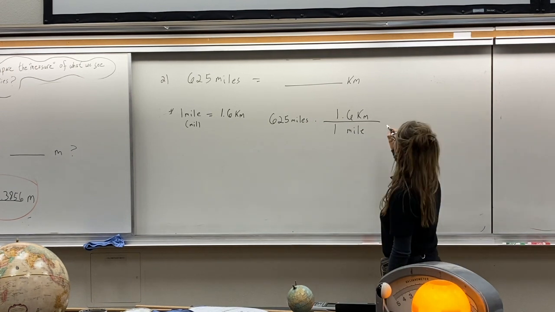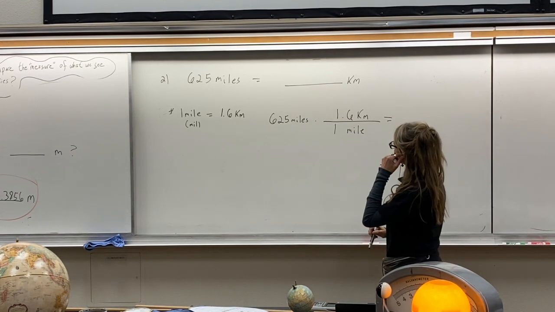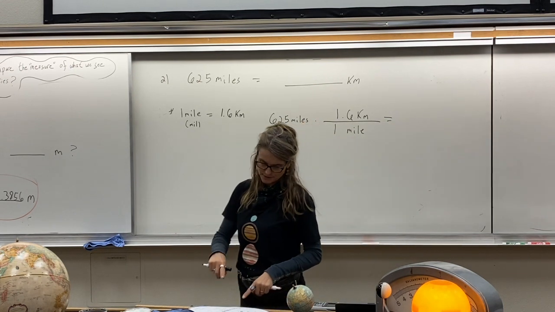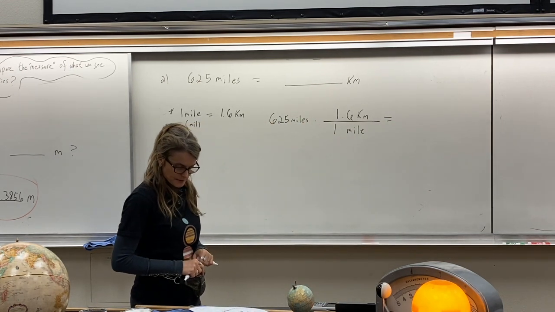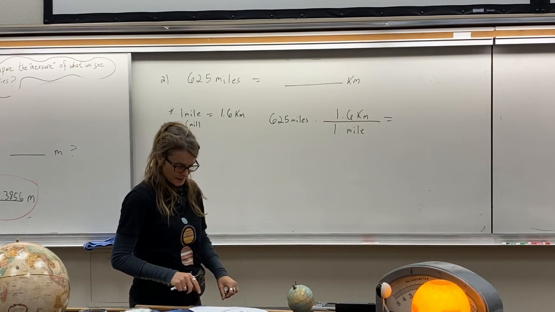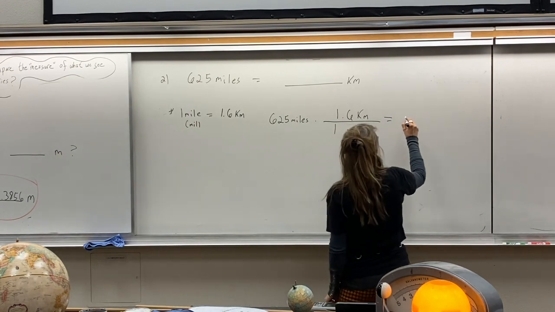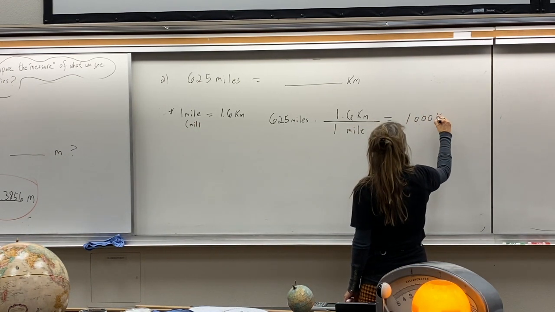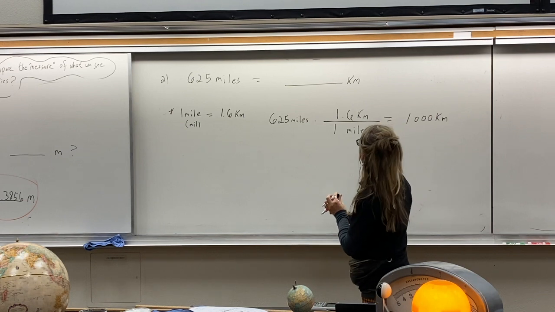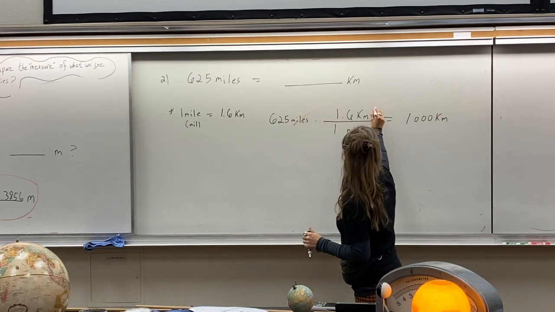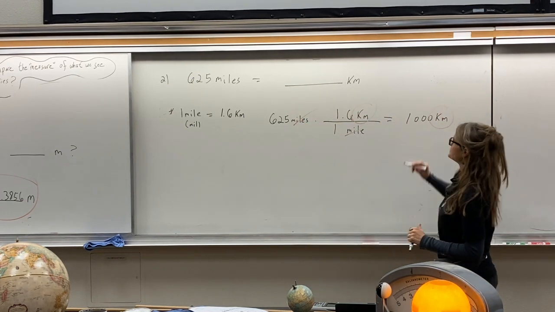That is equivalent to 1.6 times 625. I multiply those numbers out, and I get approximately 1,000 kilometers. These cancel, and this is my end unit.